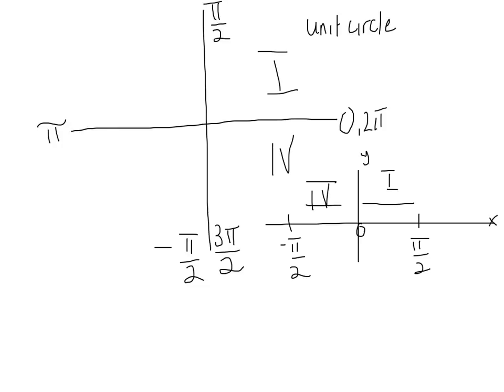And that's how those correspond. So for the inverse, for arcsine, we are going to be looking for values in the first and fourth quadrants because that is our restricted domain.